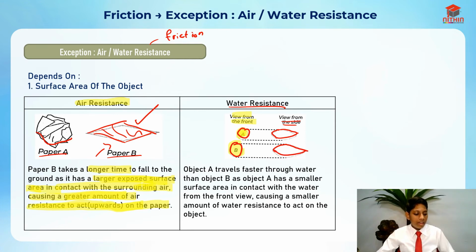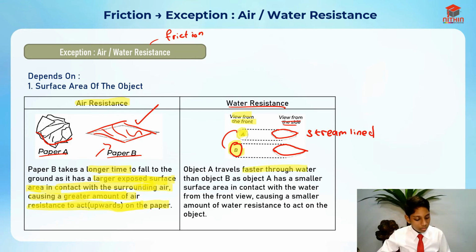A is more streamlined, because even the front of it is a smaller surface area compared to B. So object A actually travels faster through water than object B.